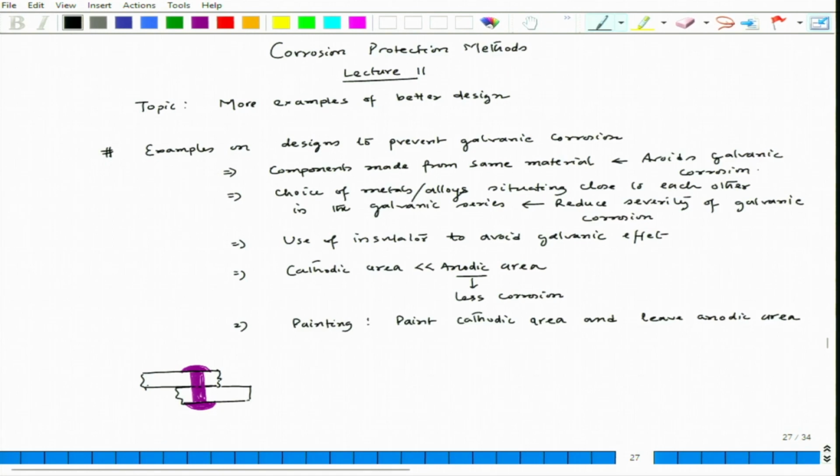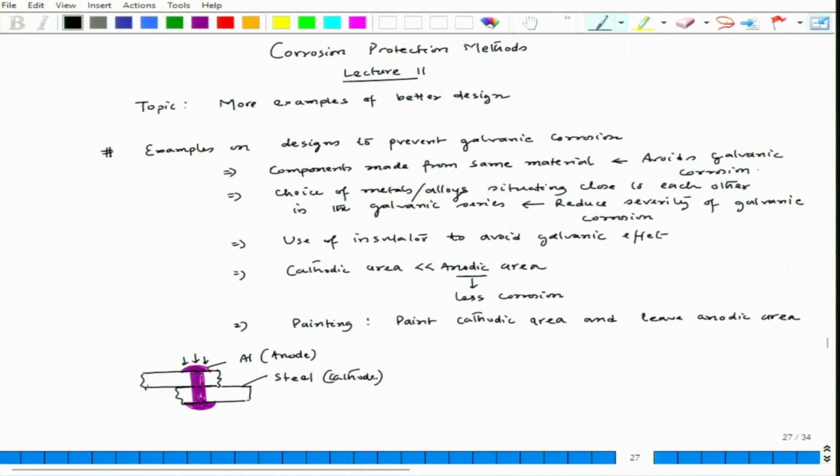This is aluminum and this is steel, and we know that steel positions itself higher up in the galvanic series as compared to aluminum. So there will be a galvanic coupling, and the exposed area is only this much, this is the exposed area of the anode. That means aluminum will act as anode and steel will be cathode.